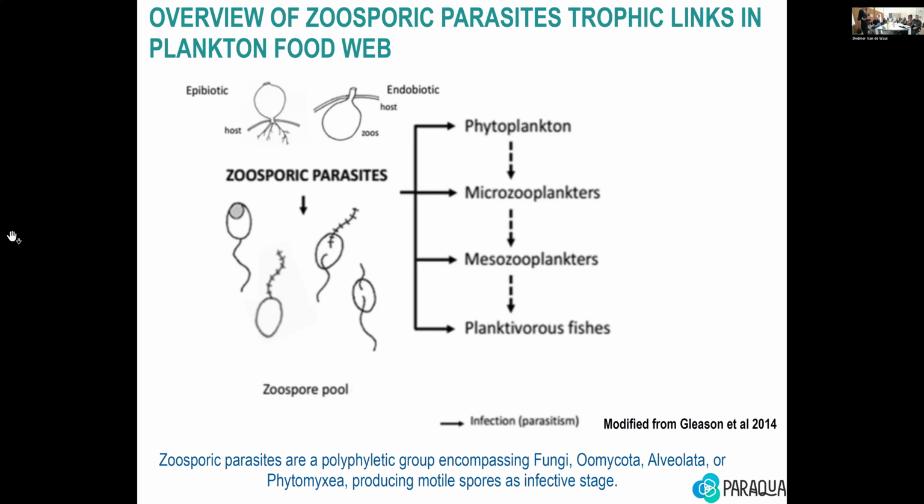The thing is that they produce motile spores as an infective stage, so they are particularly adapted to the aquatic lifestyle. Here is a simplified overview of what the targets of these parasites can be in aquatic environments: basically all the food web levels, from phytoplankton to fishes.